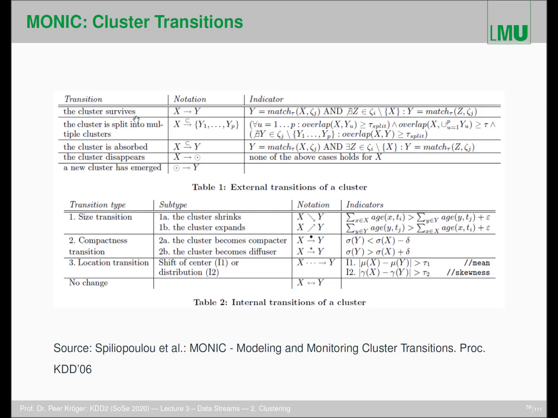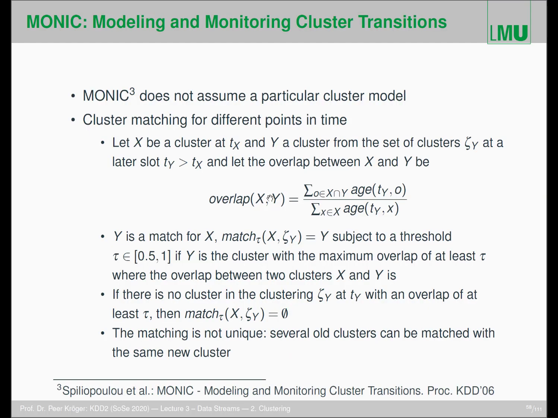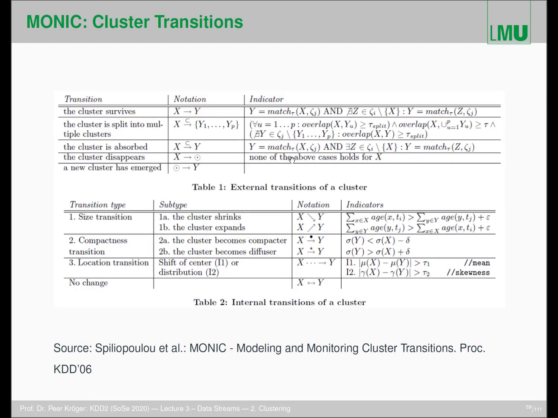So cluster survival, cluster splits into multiple clusters, cluster is absorbed, cluster disappears, a new cluster has emerged, and stuff like that. And they also propose some specific notation and the corresponding indicator, which is based on this match concept, which is again based on the overlap concept, as you see here.